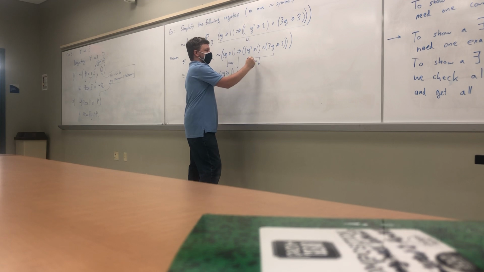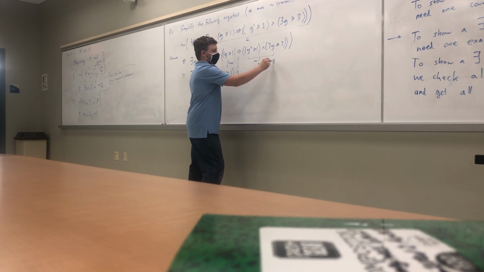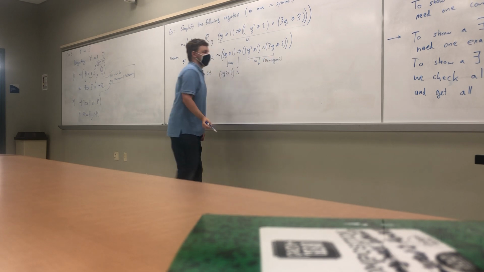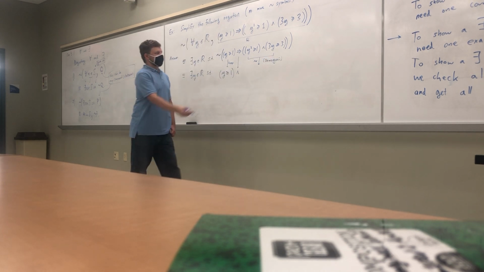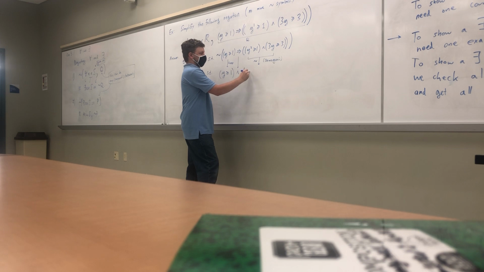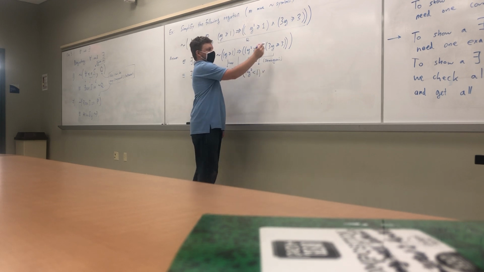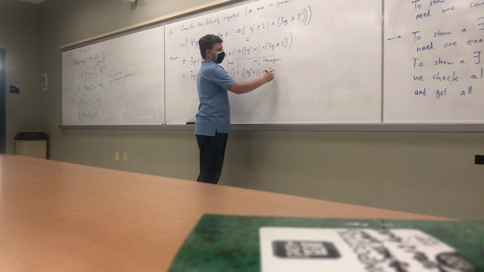So all of this is going to be negated, and I'll use De Morgan's laws on that part. Okay, so that means it'll look like y squared less than 1. That's the not of that. But the and turns into an or. And this will be 3y less than 3.